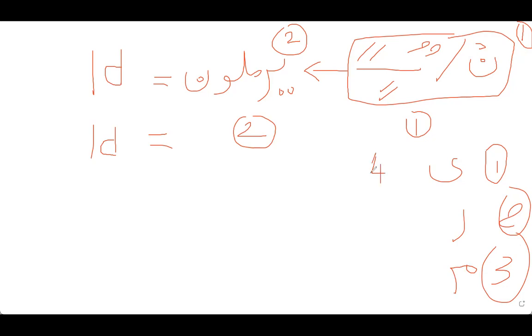After meme there is lam, after lam there is wow, and this is number 6, noon. So how many letters? 1, 2, 3, 4, 5, 6 letters of idgham. If you find any of these letters after noon sakin or tanween, you will apply idgham.